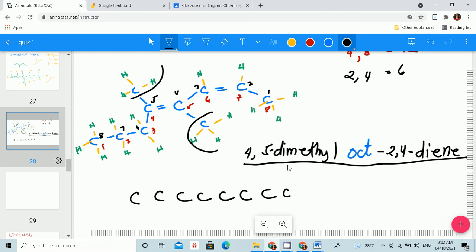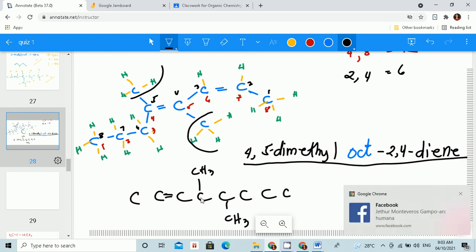In carbon 4, we have a methyl. In carbon 5, we also have a methyl. In carbon 2, there is a double bond, and in carbon 4 also, there is a double bond.